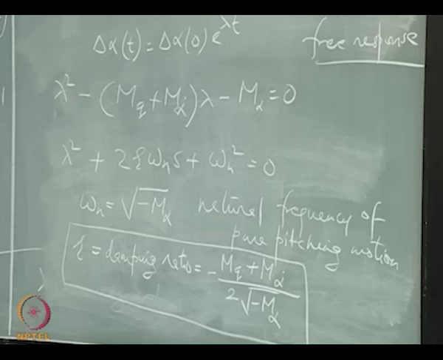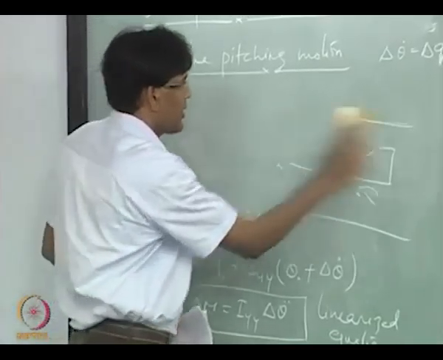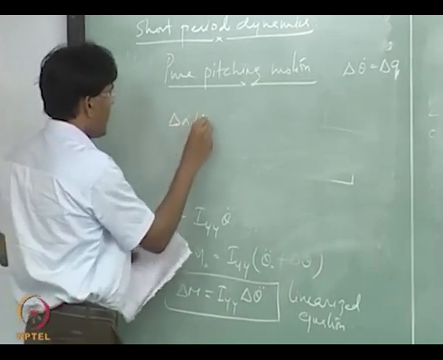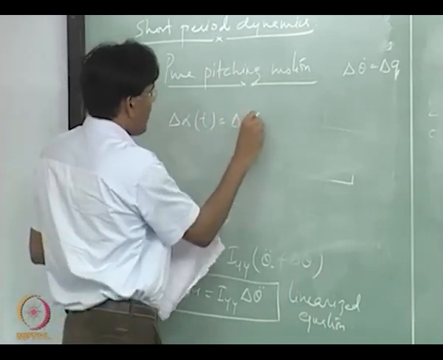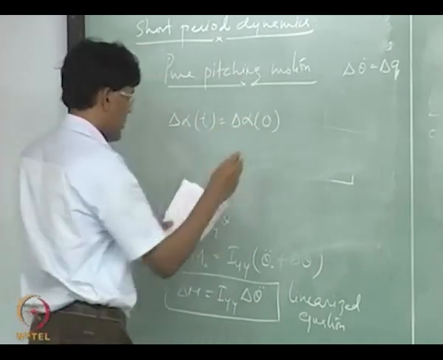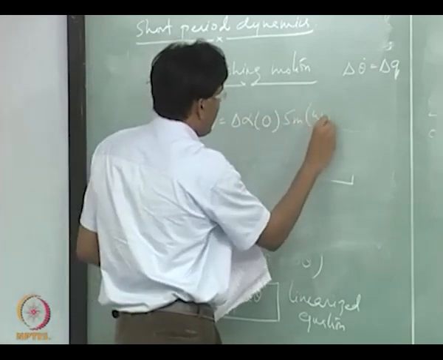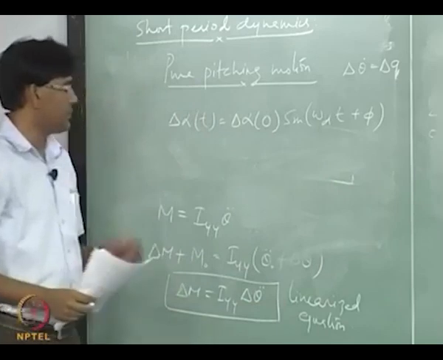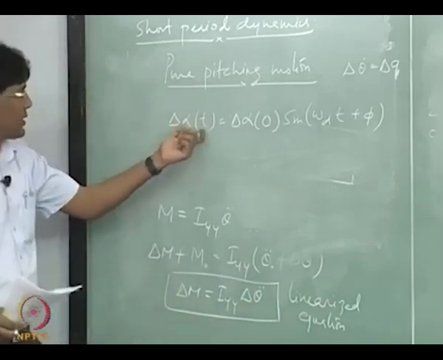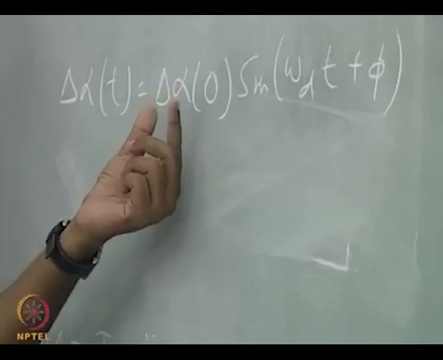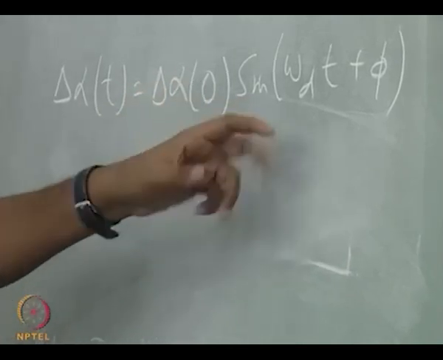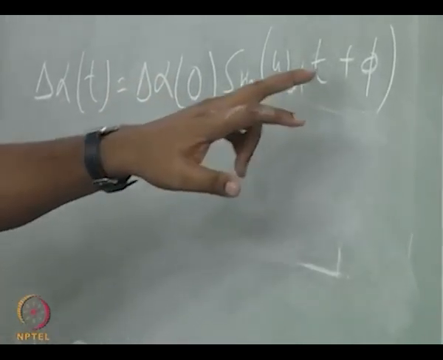And the final solution for the free pitching motion can be written as delta alpha in t, delta alpha at 0 into sine of omega d t plus phi.